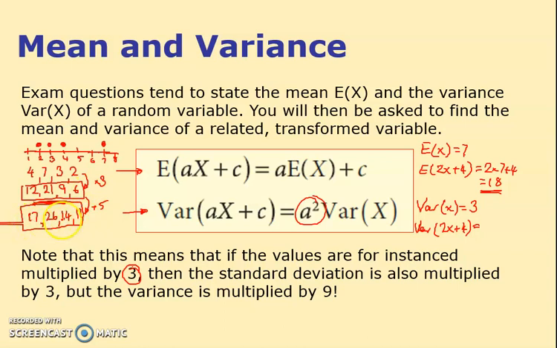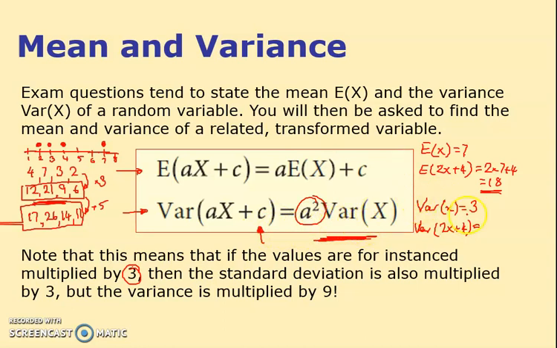They're the same distance apart from each other. So I don't think adding a number onto all the values, as long as it's the same number you're adding, makes any difference at all. And that's what this formula basically reflects. It says multiplying by a does matter, but adding a number to the variance makes no difference at all.